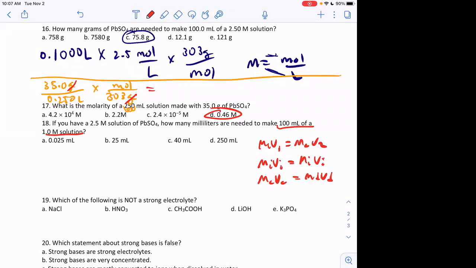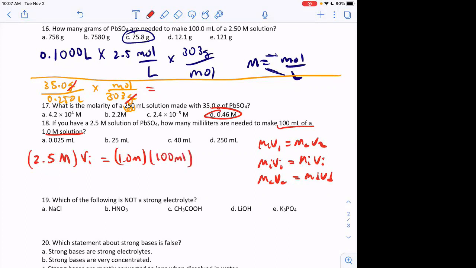Those 2 stay together. So we've got 2.5 molar times V initial equals 1 molar and 100 milliliters.